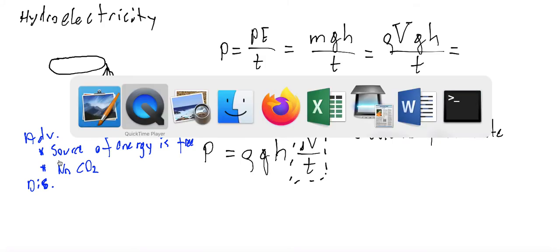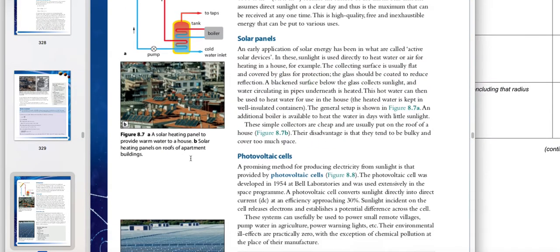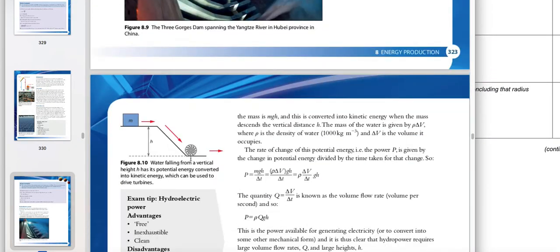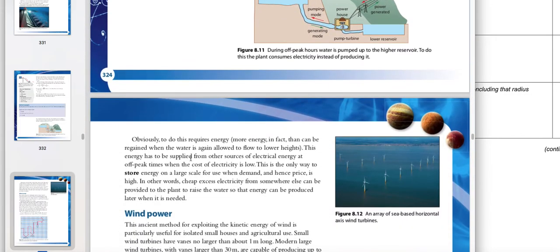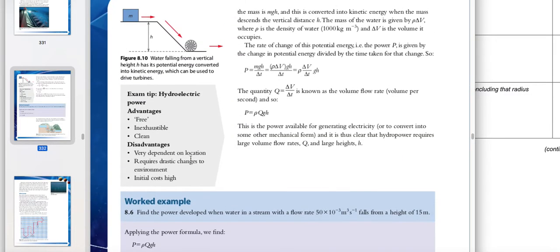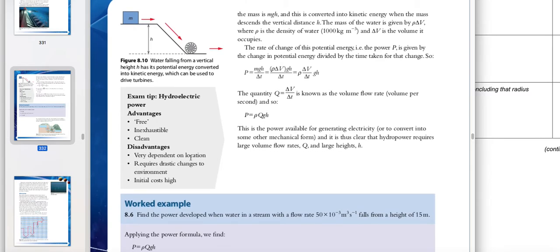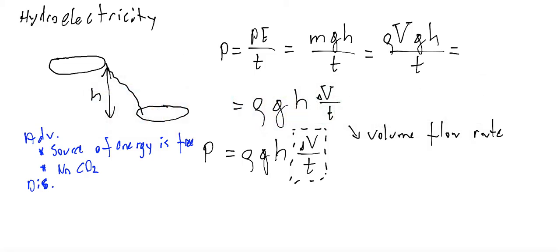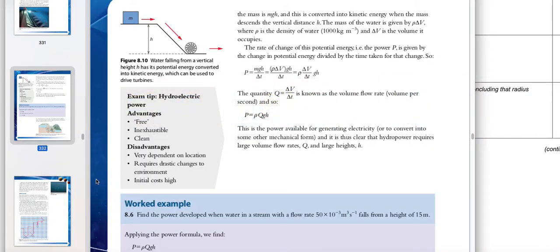Okay, so in your Tsokos, as the biggest disadvantage of hydroelectric power, you have: very dependent on location, requires drastic changes to environment. Okay, so let's copy this, drastic changes. Okay, drastic changes to environment.